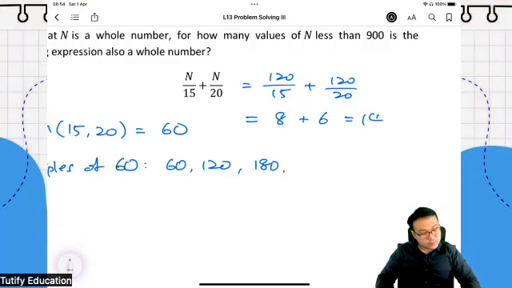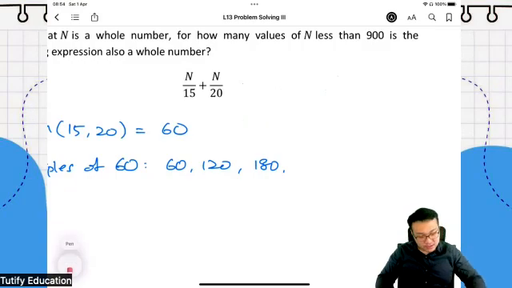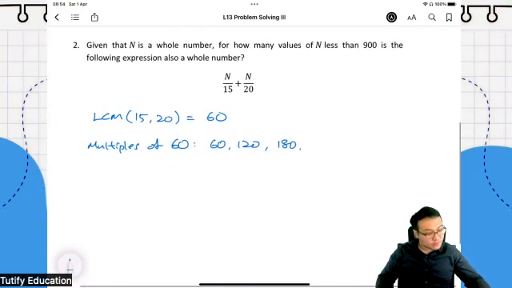Yes, any multiple of 60 is going to give you a whole number because that's the lowest common multiple, okay? So we continue writing down all the multiples of 60.